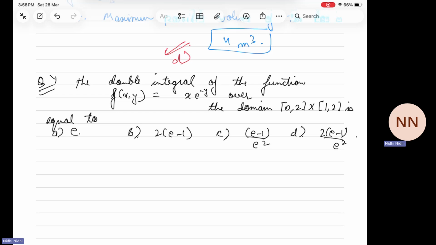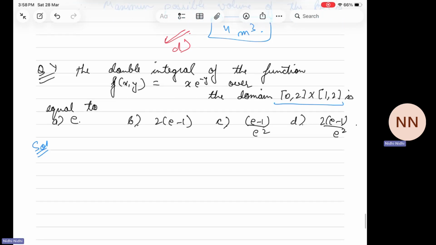In the case of two variables, all you need to make sure is how to take the limits of the integral. Our domain is [0,2] cross [1,2]. That means the values of x are from 0 to 2 and y is between 1 and 2.